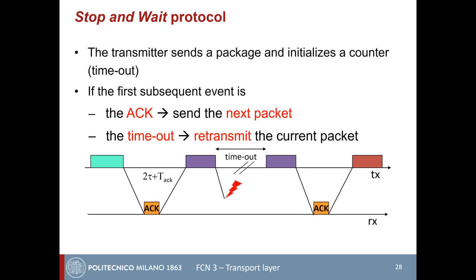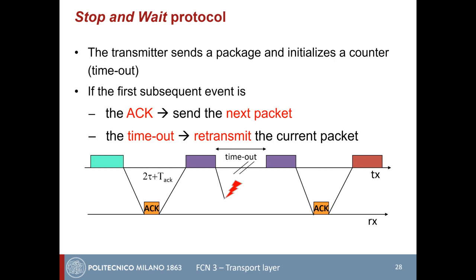Okay. So in the case where there are no errors, the time interval from when the packet has been transmitted completely to the time that the ARQ has been received is 2 tau, where tau is the propagation delay, plus T ARQ, where T ARQ is the transmission time of the acknowledgement. Okay.